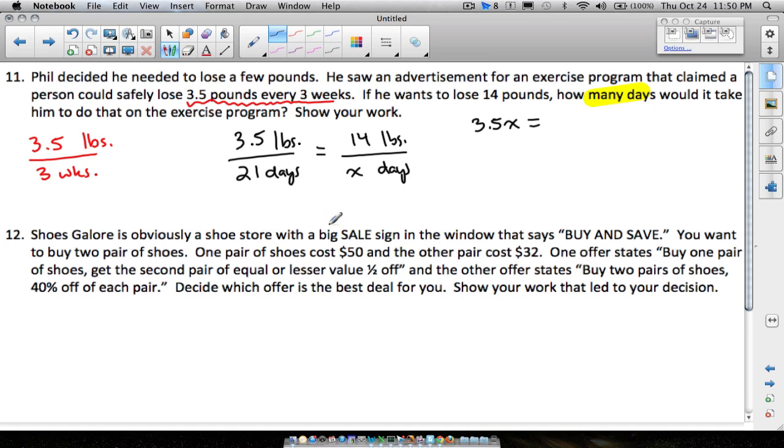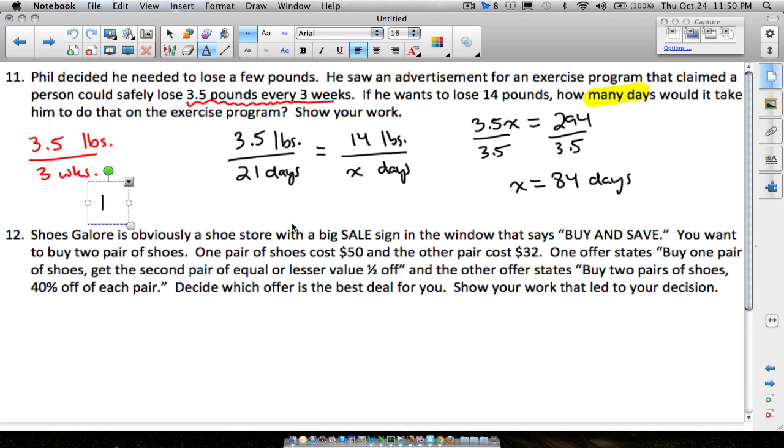We're cross multiplying. 21 times 14 or 14 times 21. However you do that, you will get 294. And let's divide by 3.5 to get x by itself. Therefore, we have 294 divided by 3.5. That's equal to 84. It's not 84 weeks, it is 84 days.